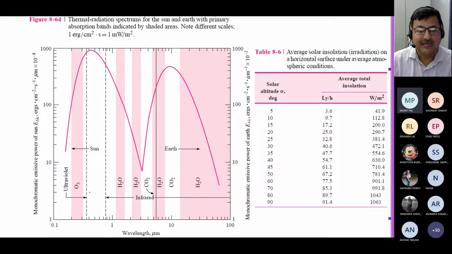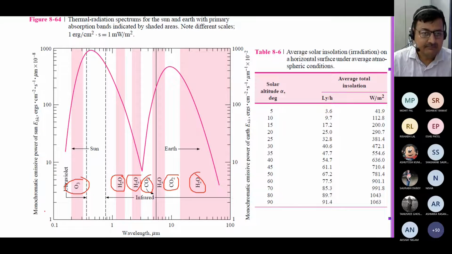Say you have ozone in your atmosphere, I have water, I have carbon dioxide. This is my composition, right? Now you see, when solar radiation is irradiated on the surface, this is the typical monochromatic emissive power with respect to the wavelength.